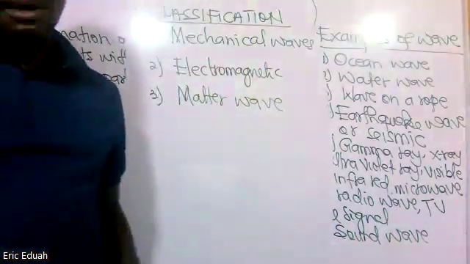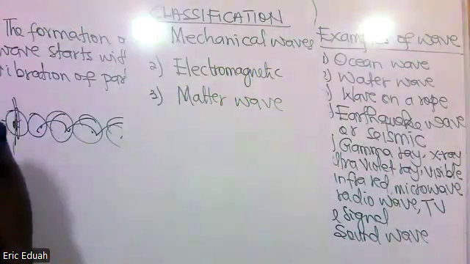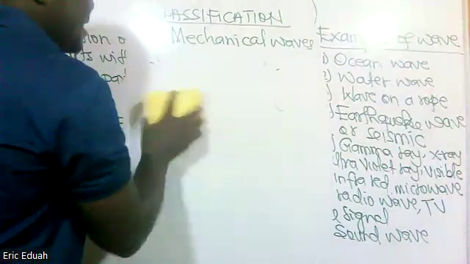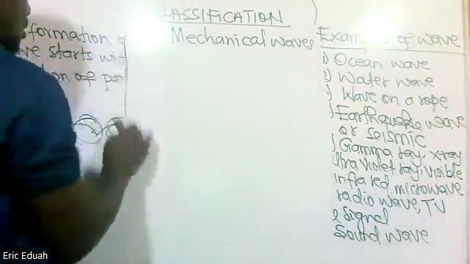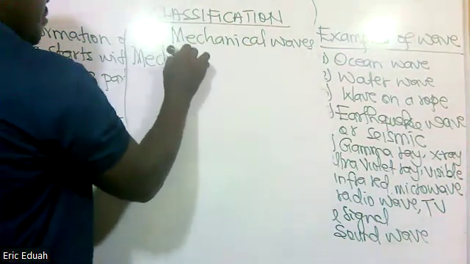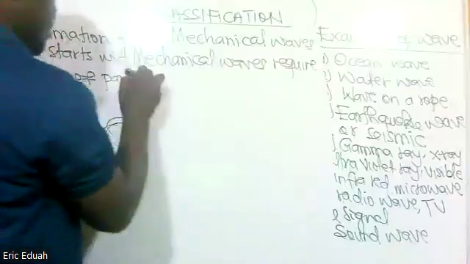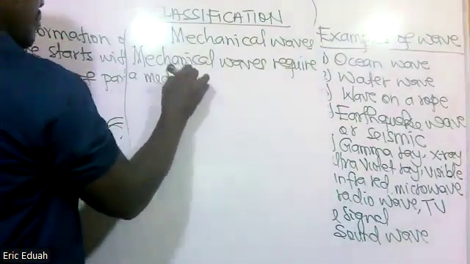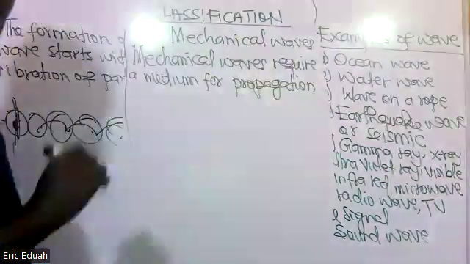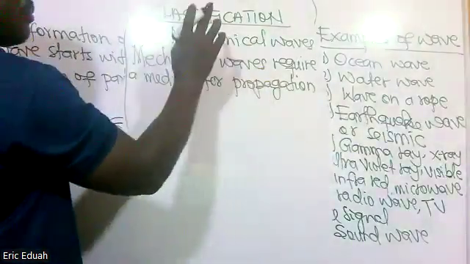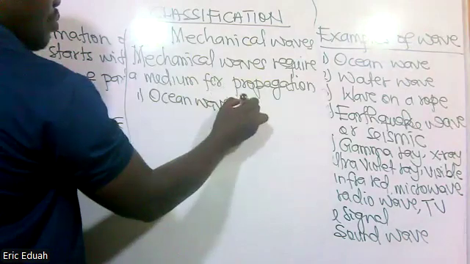So when we talk about mechanical waves, these are all groupings of waves that require a medium for their propagation. So mechanical waves require a medium for propagation. Examples of waves that can be classified as mechanical: one, ocean wave, water wave.